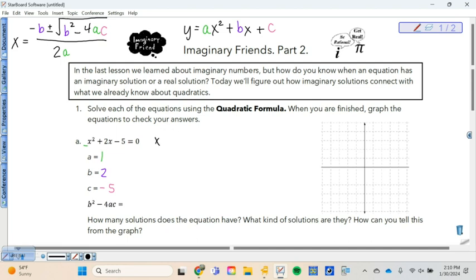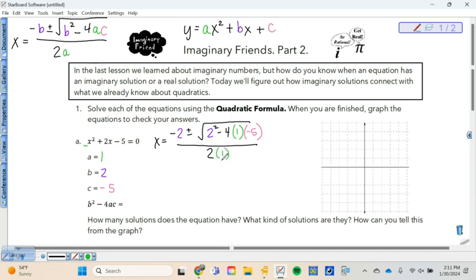So we've got x equals negative 2, add or subtract square root of 2 squared minus 4 times a, so times 1 times c, so times negative 5, divided by 2a, so 2 times 1.